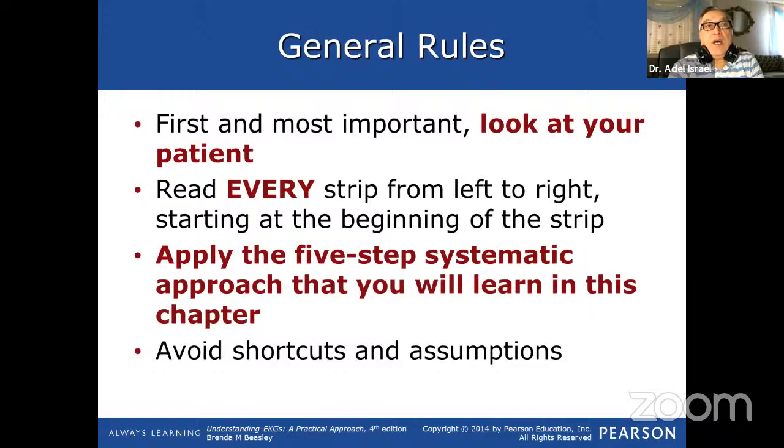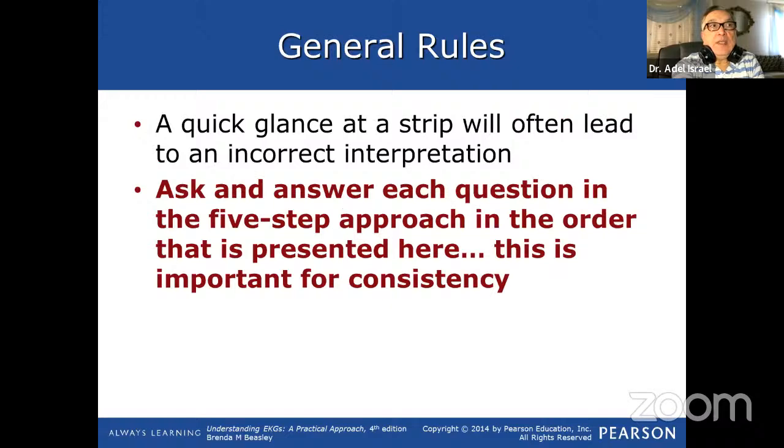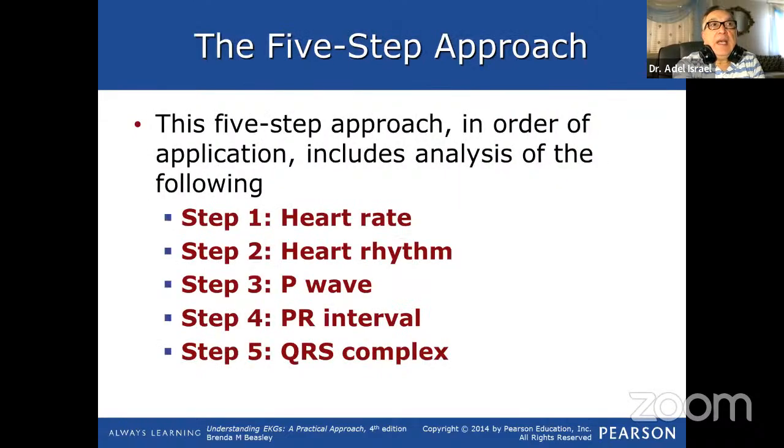So what are the 5 steps? We are going to learn together what these 5 steps are, and what is normal, and after that we go one by one. First step is the heart rate.